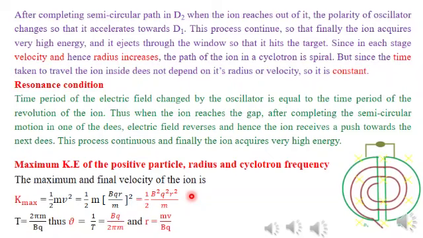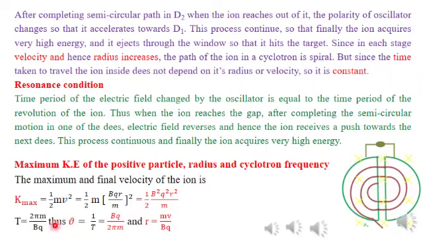But the velocity of the ion is bqr divided by m. So Kmax is half m into (bqr by m) whole square. After cancellation, the expression of maximum kinetic energy is half b square q square r square divided by m.